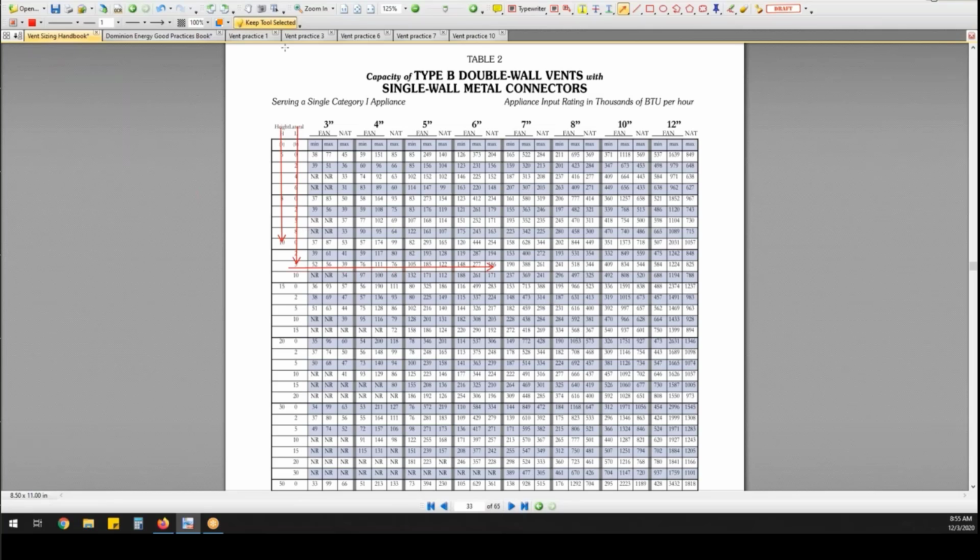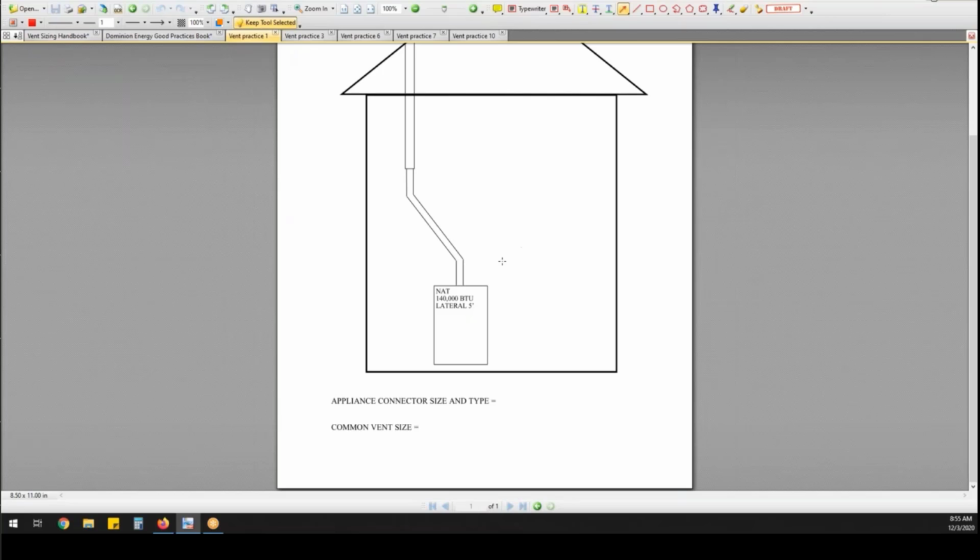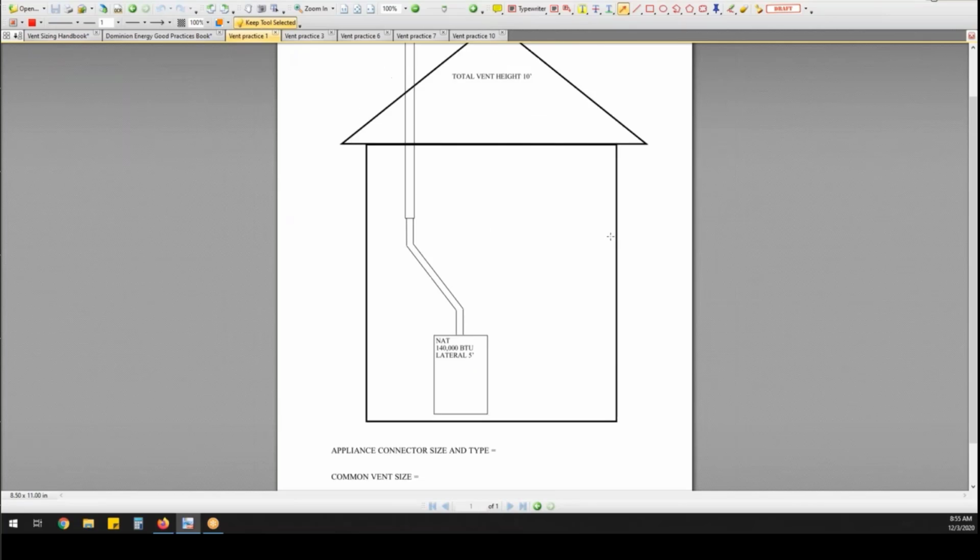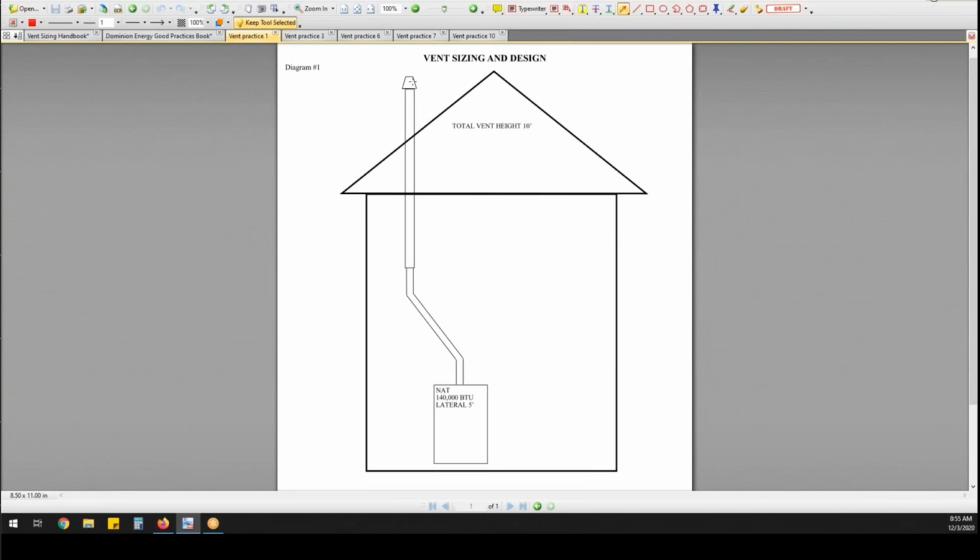Okay, so connectors, let's see if I can help explain this a little better. So you'll always have your main stack, and it's always going to be double wall. So that's the stuff that goes up through the house and then ends somewhere in the mechanical room. And then you're going to have connectors. So it might be a piece of pipe, 45 or an elbow, a piece of pipe.